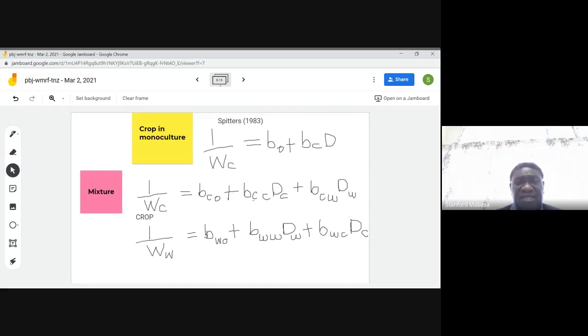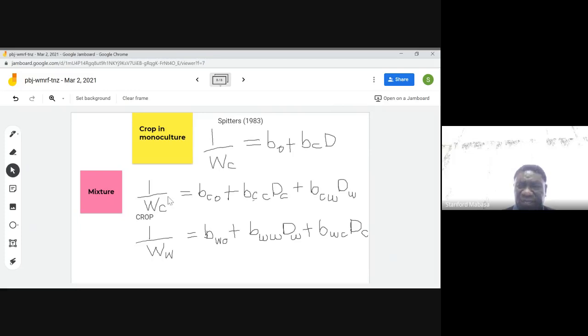So he described a situation in a monoculture using this simple equation for the crop. Now, if the crop is now infested with the weeds, we can describe this is the weight of one plant of the crop.